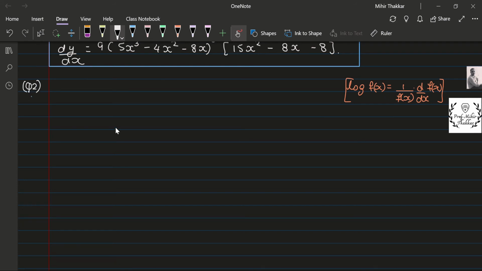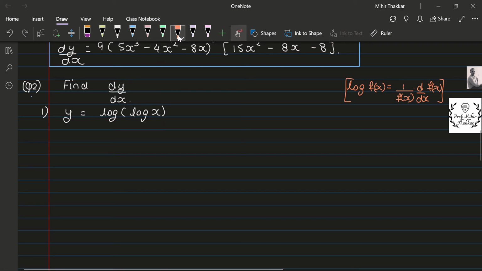The first question over there in question number 2 says to find dy by dx. Under that, the first one is y is equal to log of log x. So when I have log of log x, I consider this term as f(x). So it becomes log of f(x). So as per my formula, first we will say differentiate with respect to x.